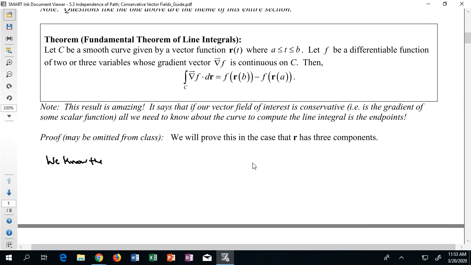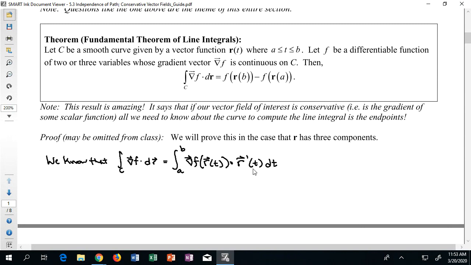We know that if I was going to be working with something like gradient f dot dr, I know automatically by stuff we have previously discussed that I could transform that into gradient of f evaluated at the components of r of t, and then dot that with r prime of t dt.